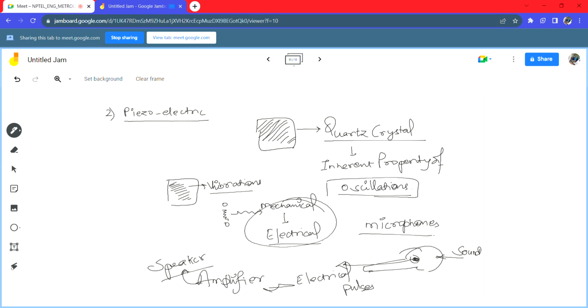So this typically is the transducer or the principle of energy conversion, and this is the input, this is the output, this is the intermediate circuitry, and this is the final stage. This typically forms an instrumentation system.